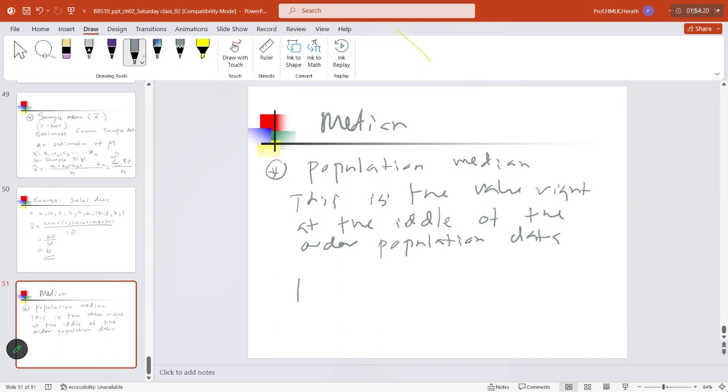The place is equal to N plus 1 divided by 2.